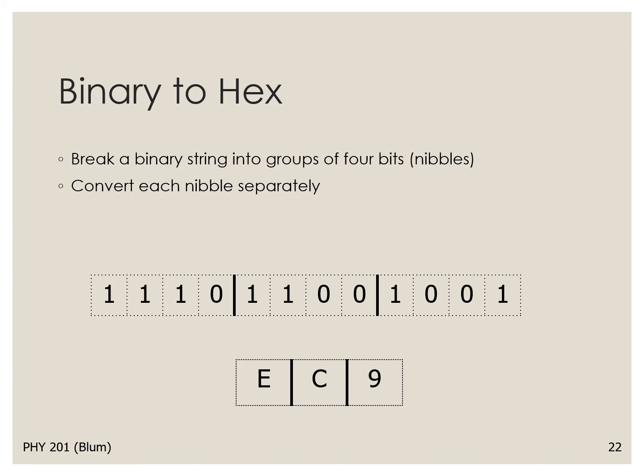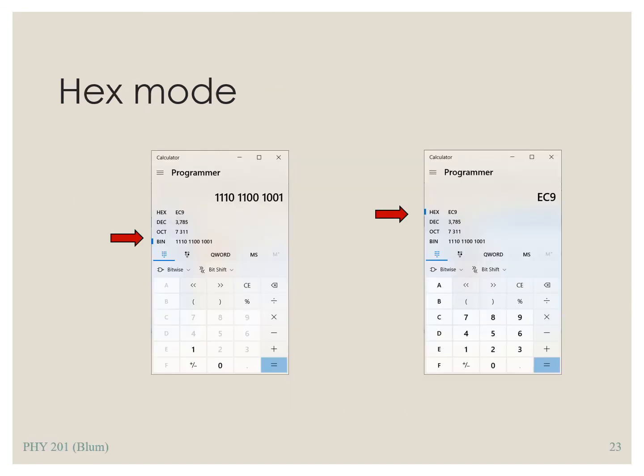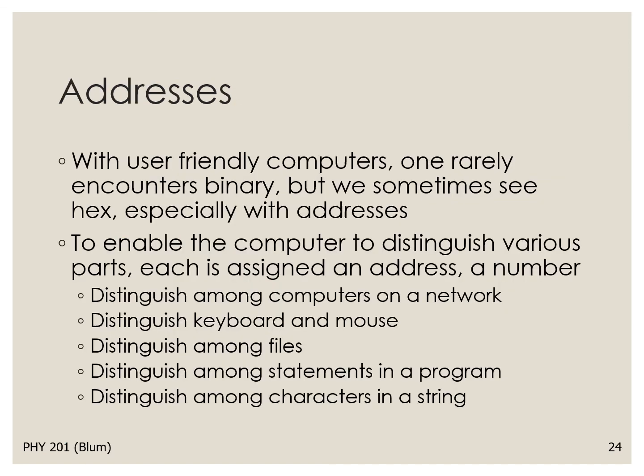So 1001 is 9, 1100 was a C, 1110 was an E. And so in addition to the calculator supporting decimal mode and binary mode, it also supports hexadecimal mode. Even though the computer works in binary, it will usually hide the binary from us in an attempt to be friendly. But we will sometimes see things in hexadecimal, especially addresses.